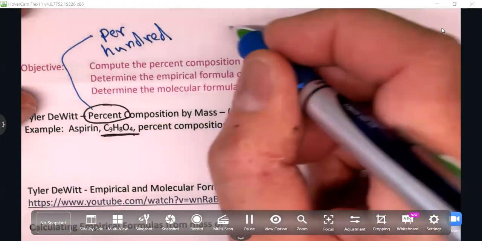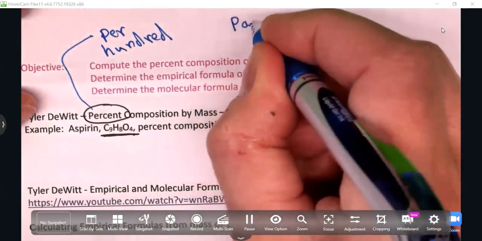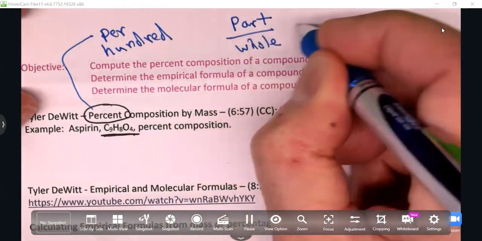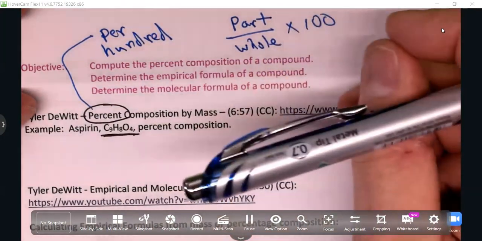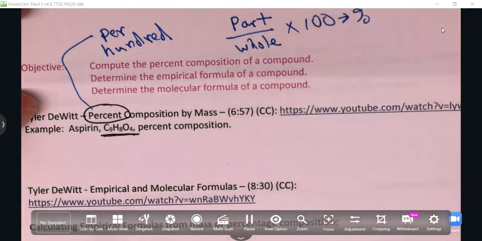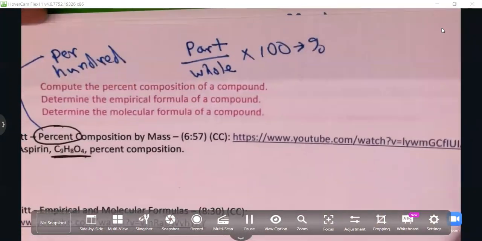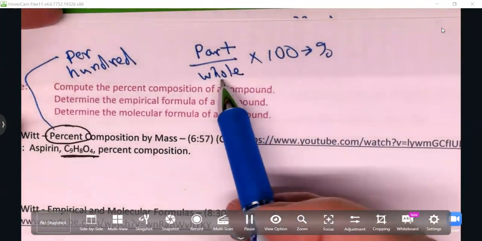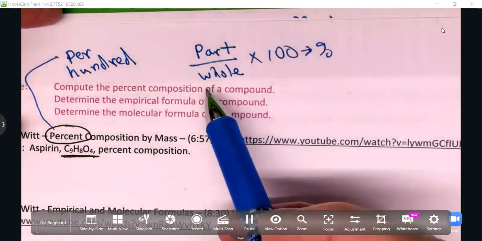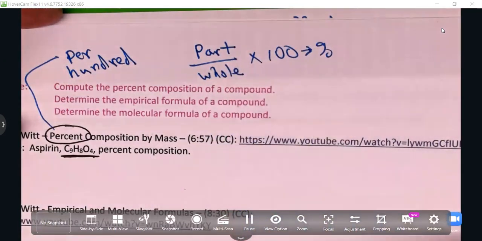So then we cheat and we simply do part over the whole, and then we multiply it by 100, and we add a percent sign. So if you do not have 100, you just do part over the whole, and assuming if you had 100, you would get the same thing.